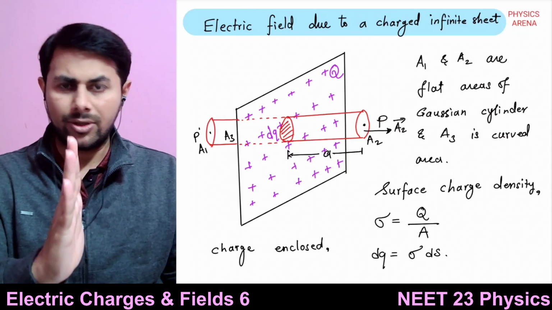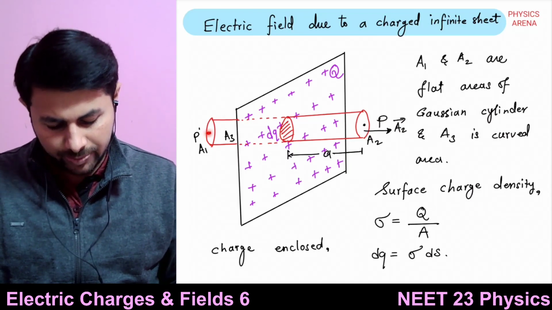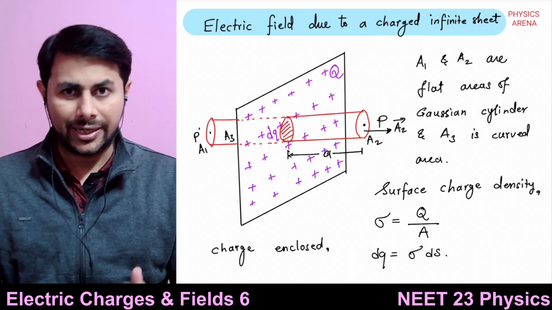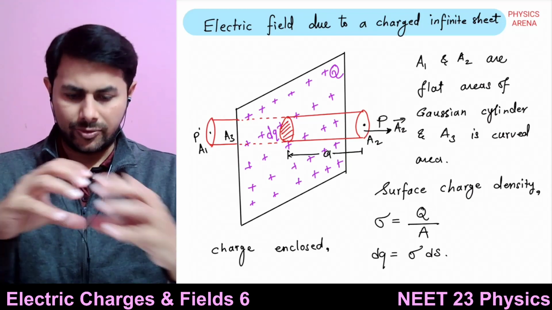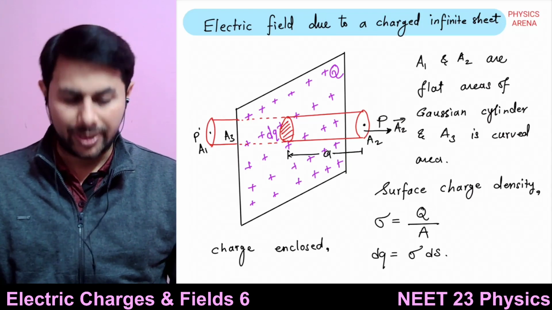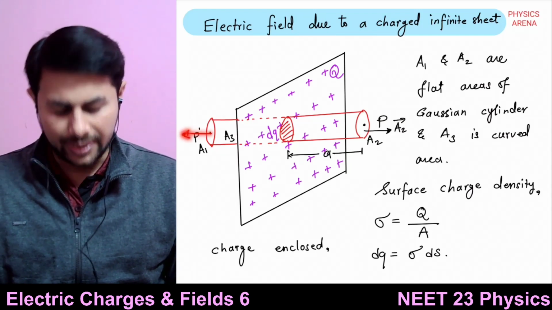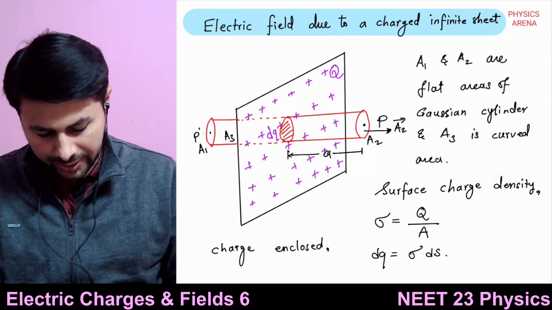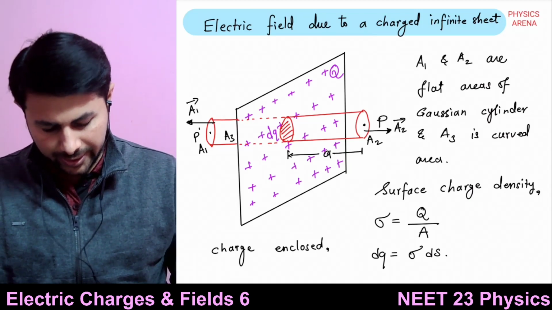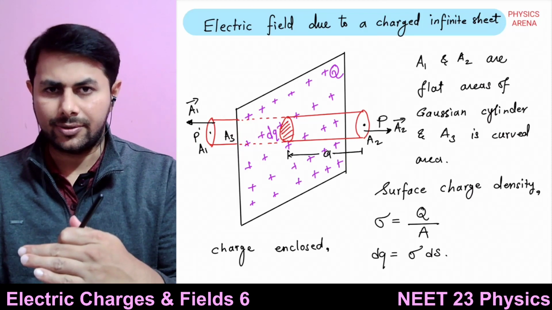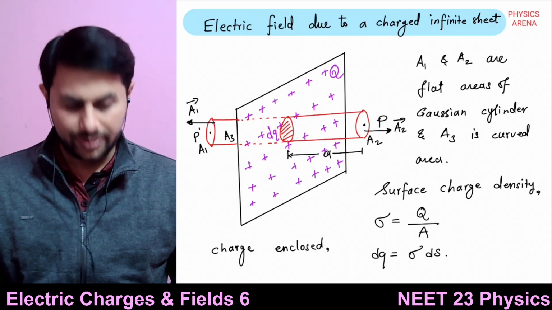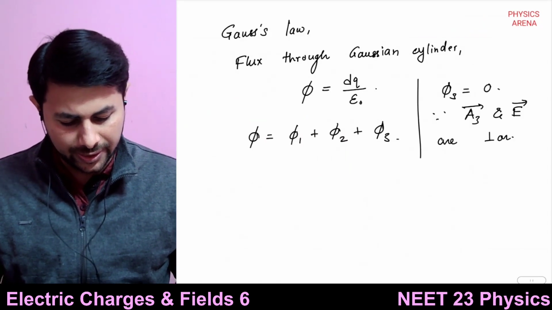We discussed yesterday that for a closed surface the area vector is in the direction of the outward normal. So A1 bar is directed like this, and the electric field is in the same direction. The angle between the electric field and area vector is 0.